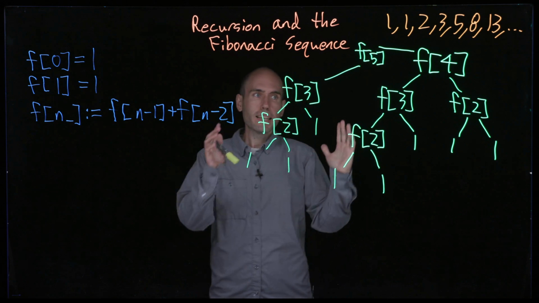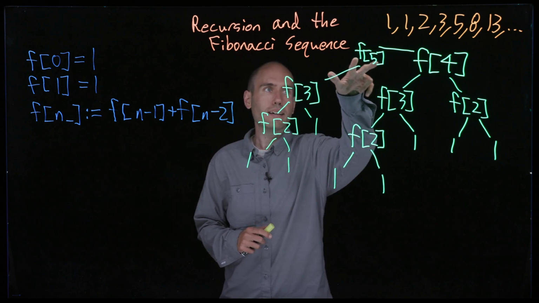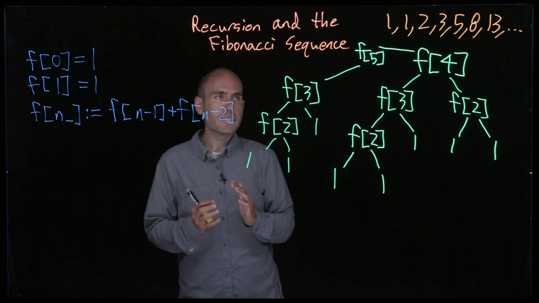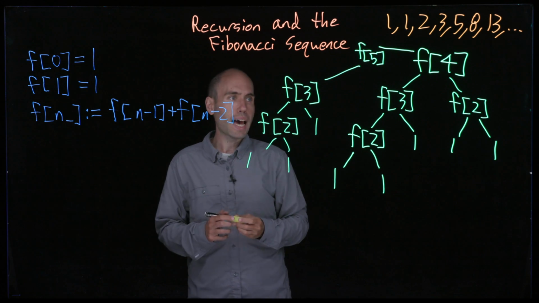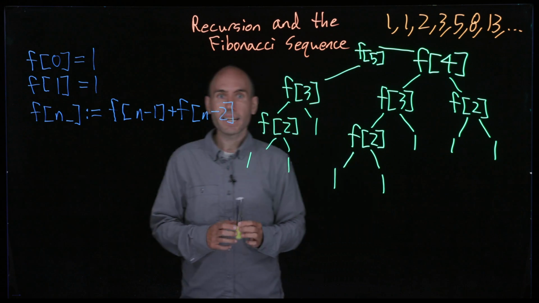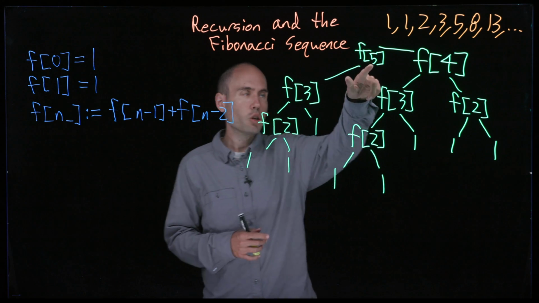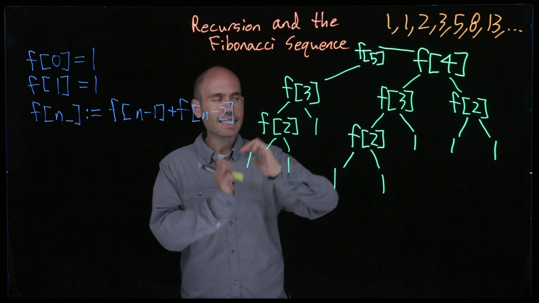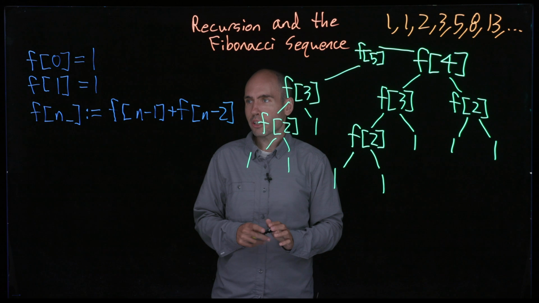So this is the amount of steps that's needed to evaluate the 5th Fibonacci number, the way I've written it here. That number of steps, it's going to take what's called an exponential amount of time to compute. So the complexity of this function that I've written has what's known as exponential complexity. So by the time I get to f bracket 50, that relates to like 2 to the 50th number of steps, which is more than what a computer can handle.